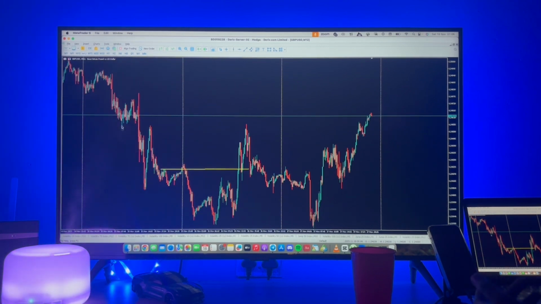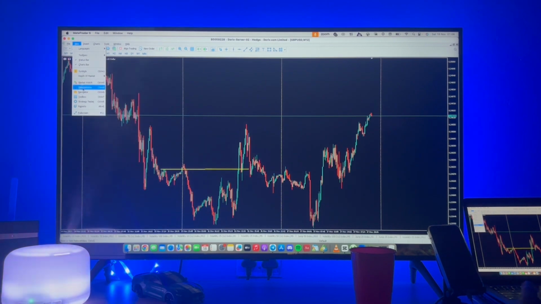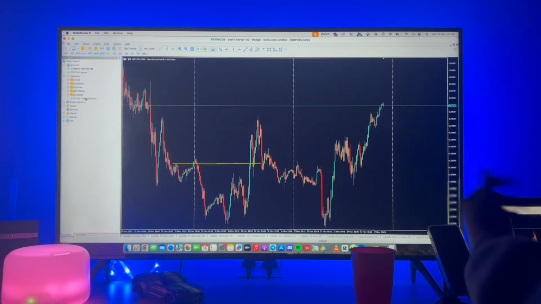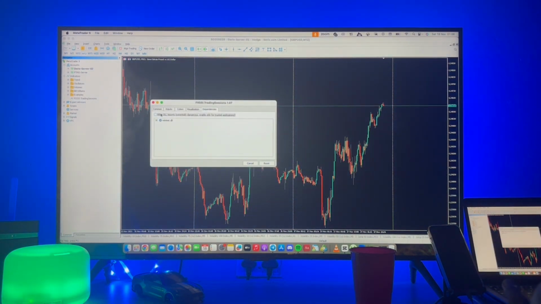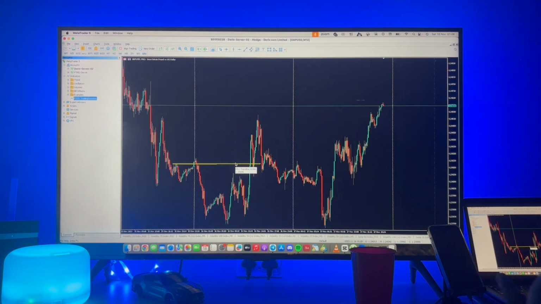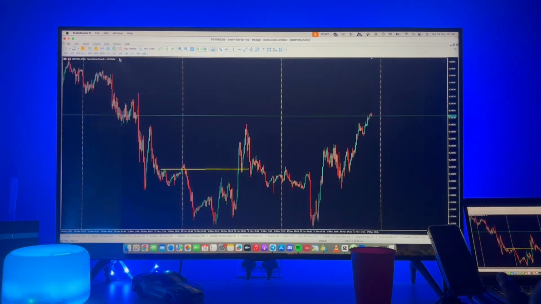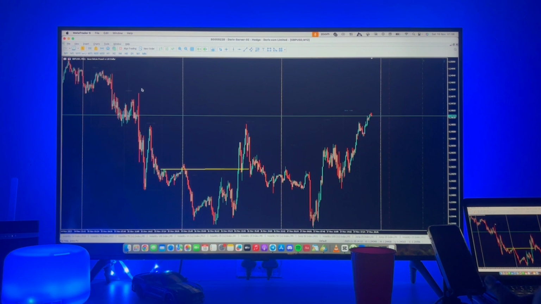But there's an indicator that can make it easier for you, and I will also link it in the description so you can check it out. The indicator is called FXSSI trading sessions, right? Basically you just add the indicator there, allow the DLL, and then click OK. What this indicator is going to show is a clear visual representation of the trading sessions.